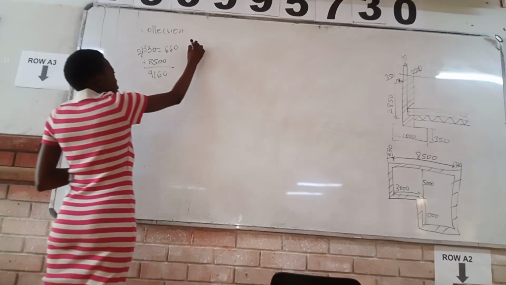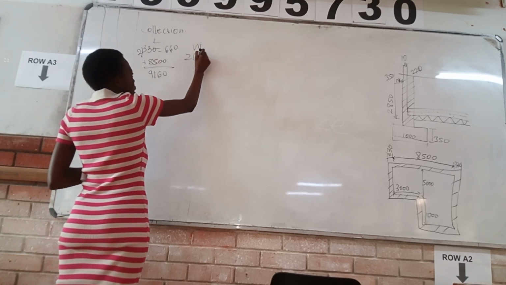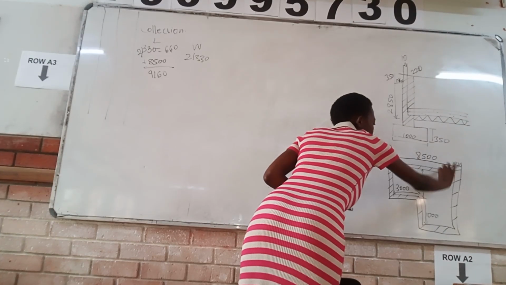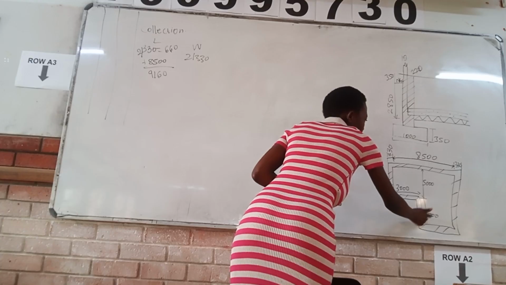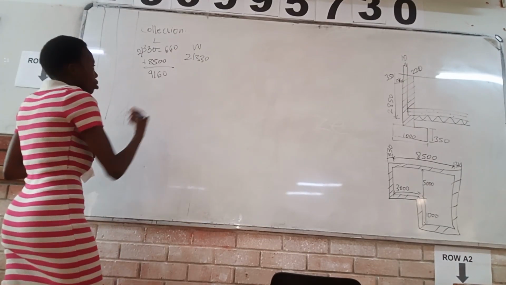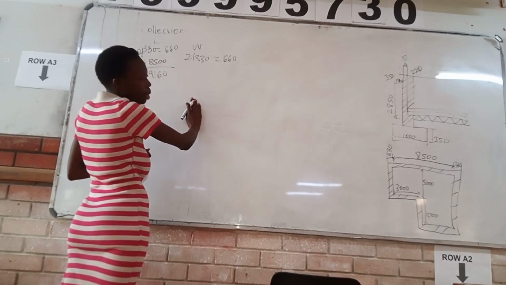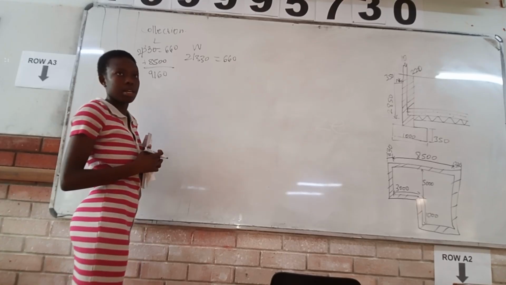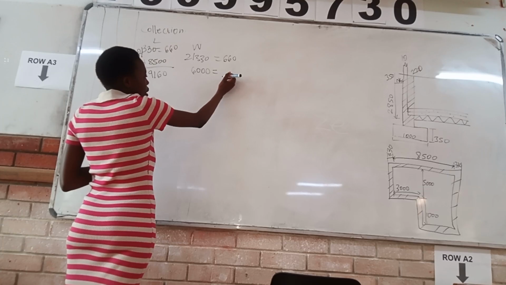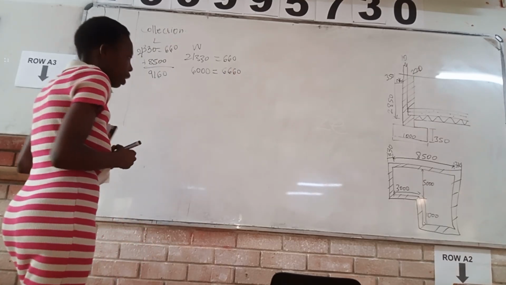Now we need to calculate our width. Width here is 2 times 330, and we get the 330 from here, plus the 5,000 and 1,000 internal dimensions. So 2 times 330 is equal to 660, and 5,000 plus 1,000 is 6,000. So 660 plus 6,000 is 6,660.